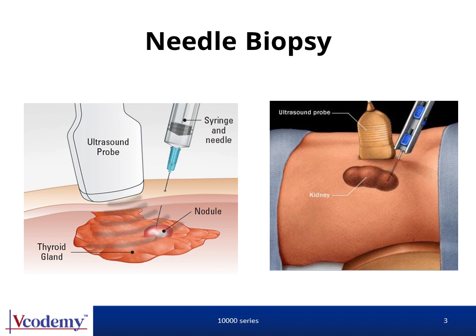You have separate code sets for biopsy with image guidance and biopsy without image guidance. And you have a parenthetical note for percutaneous needle biopsy other than fine needle aspiration.